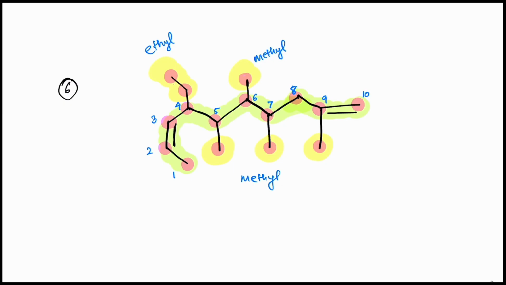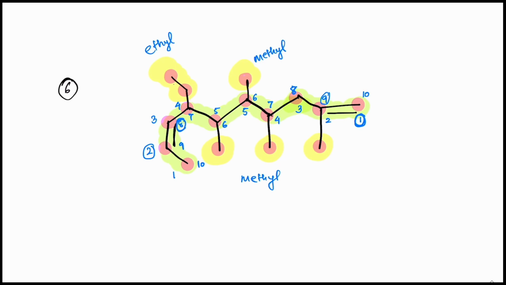if you number from this side, the first carbon-carbon double bond is at carbon atom 2 and the other carbon-carbon double bond is at 9. But if you number from the opposite side, then the first carbon-carbon double bond is at carbon 1 and the second double bond is at carbon number 8.